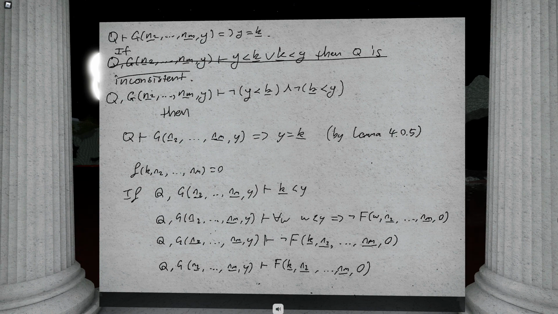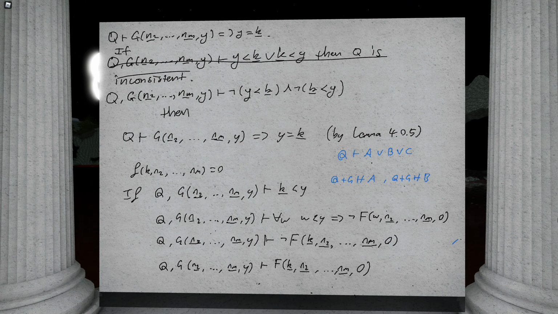Yeah, okay. Just quickly say what I was going to say. We know something like Q can prove A or B or C. And we know that Q plus G does not prove A. And Q plus G does not prove B. And you want to know that it can prove C. Yeah.